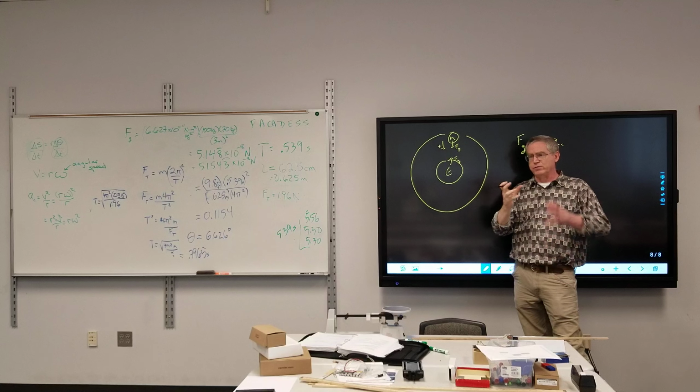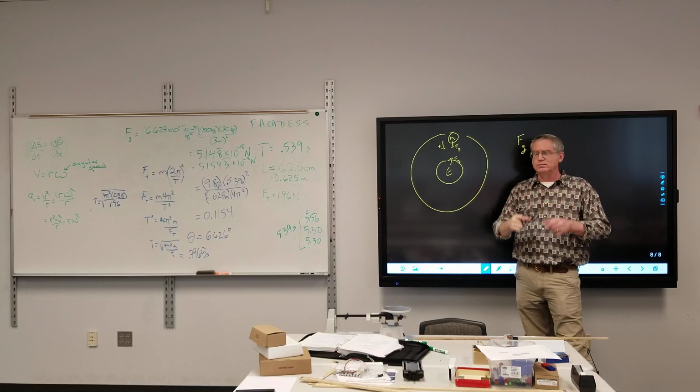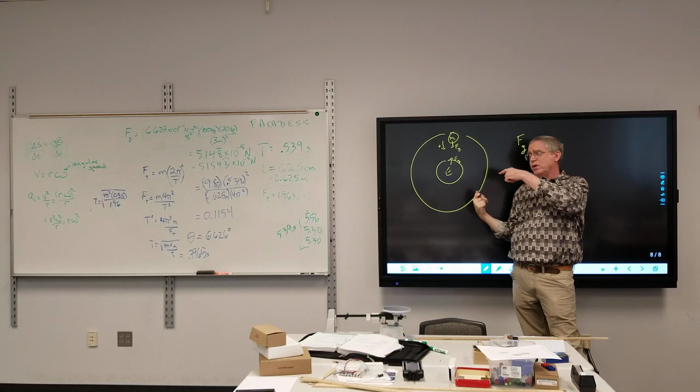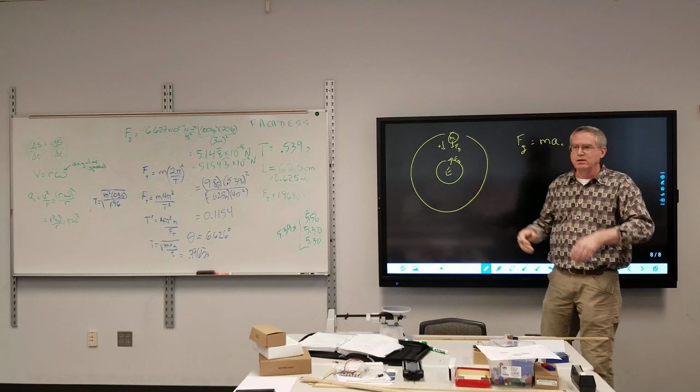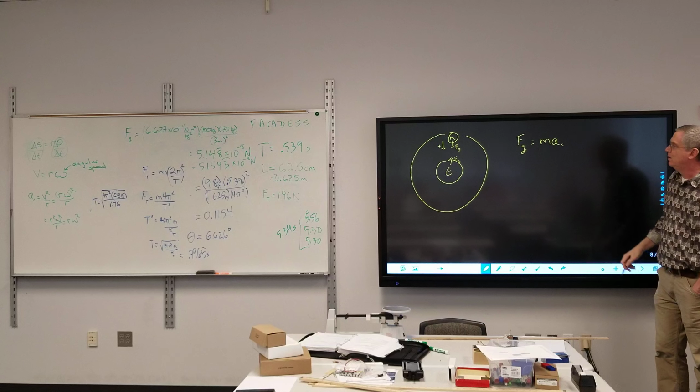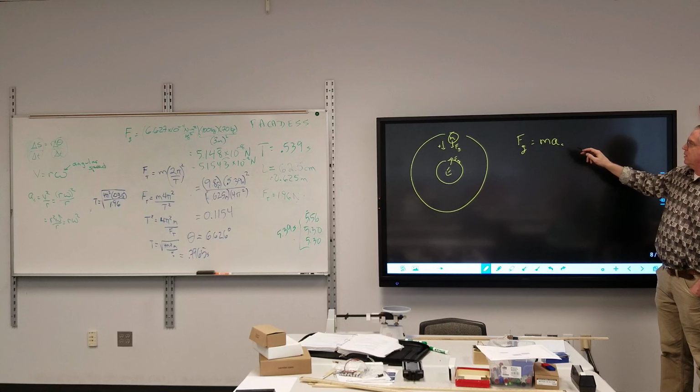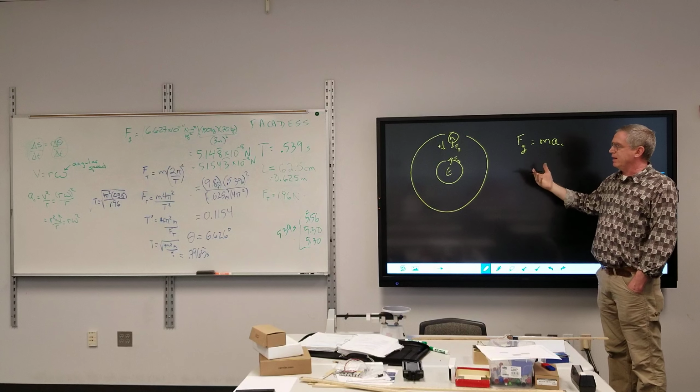So the Earth should wobble just a little bit. But because the mass of the Earth is so much bigger than the mass of the moon, we don't notice it really, except for tides. So then we plug in substitution.